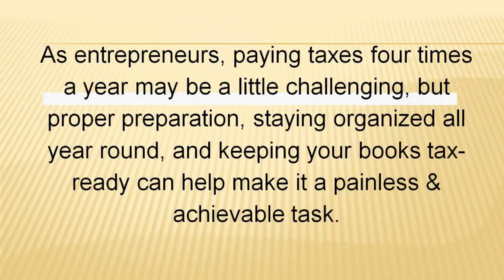Okay, and as I always say, as entrepreneurs, paying taxes 4 times a year may be a little bit challenging, but proper preparation, staying organized all year round, and keeping your books tax ready can help make it a painless and achievable task.